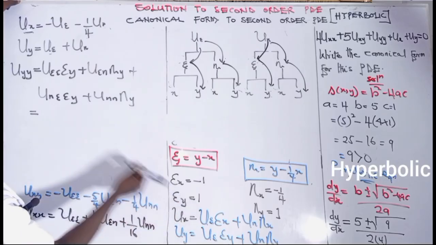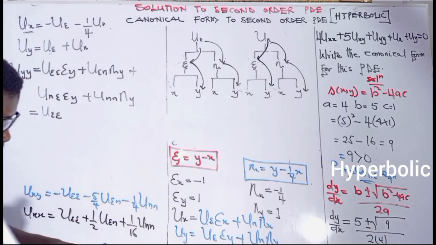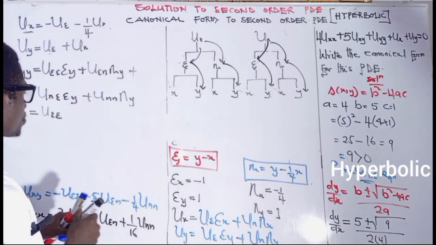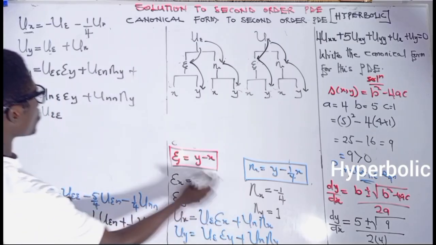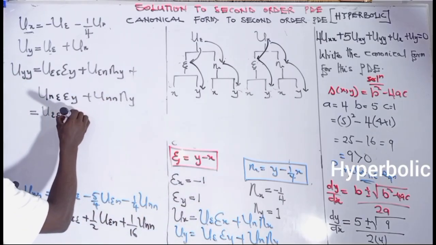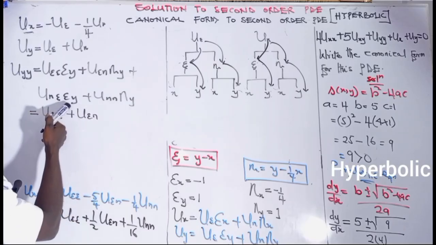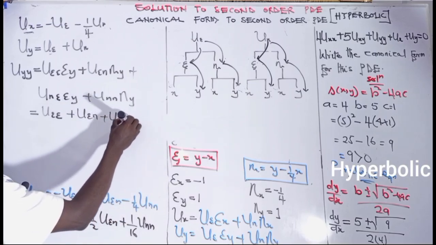So we just have to plug in. Our zeta y is 1, so we get u zeta zeta here. Then eta y is 1, so this gives us plus u zeta eta. We have zeta y, which is 1, so we have plus u zeta eta.